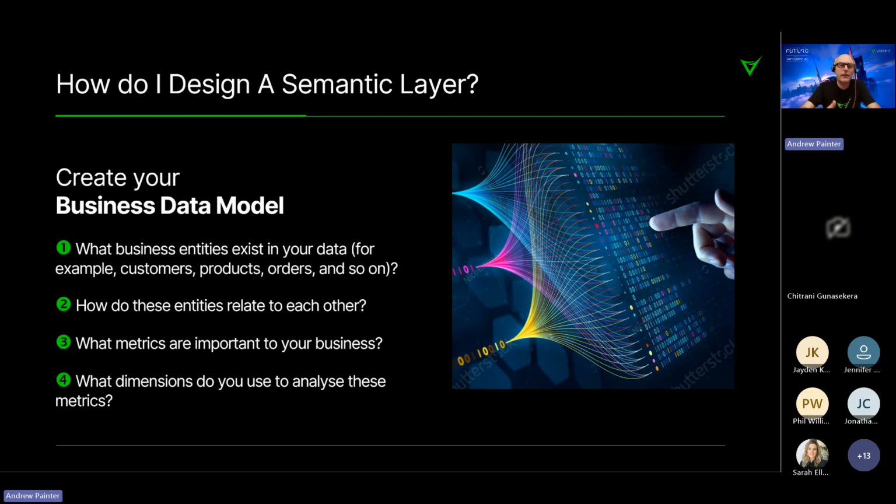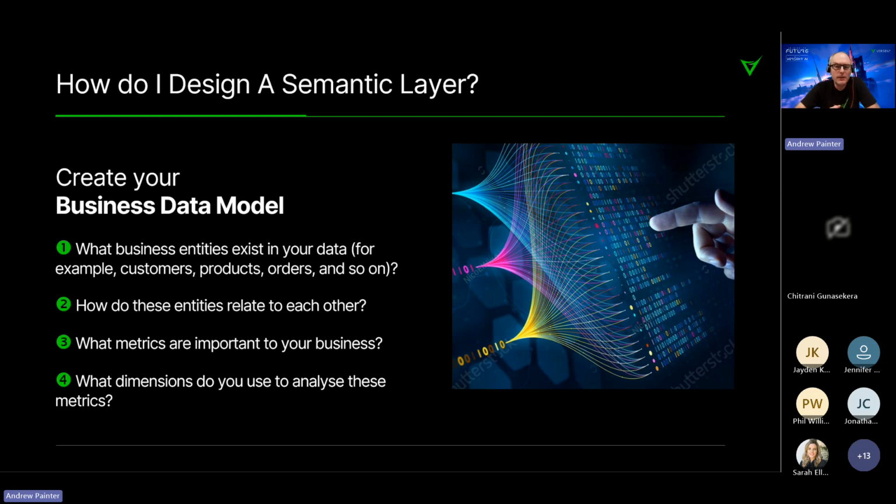I like to think about this around creating your business data model. From my previous experience, I've often thought about how a business works in data terms, and this is no different. The first step is to think about the core entities that are important to the business: customers, products, and orders, in this case of the retailer.